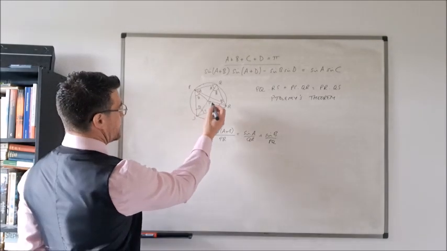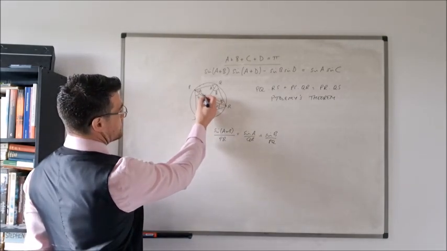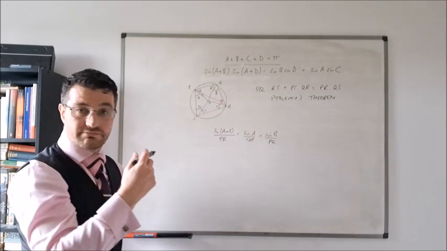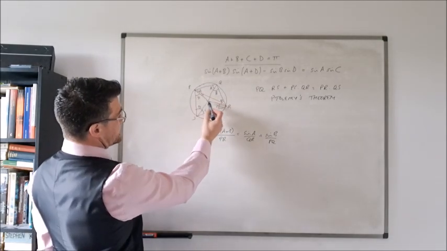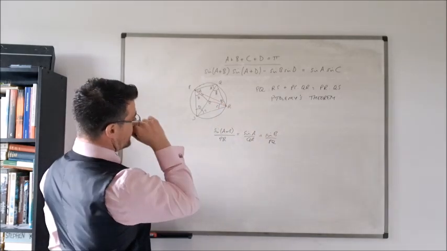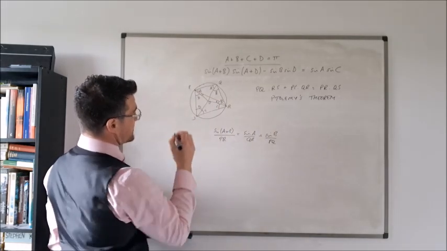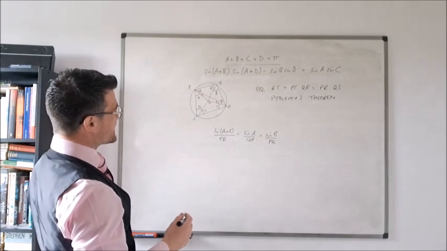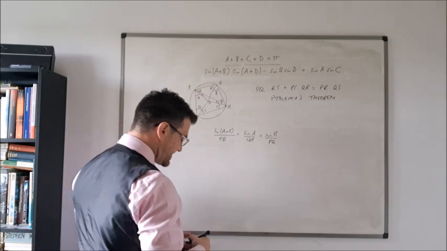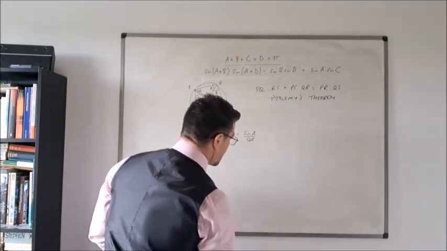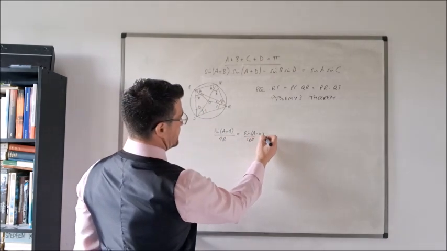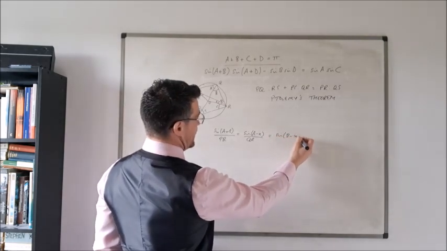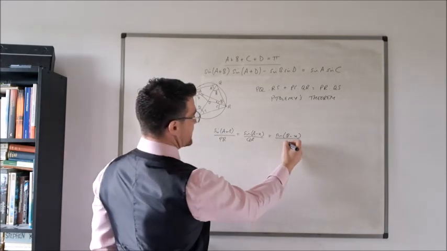So maybe I call that little bit X. And because OP and OR are radii, OPR is an isosceles triangle, and therefore that angle is also going to be X. So it's going to be more like sine of A plus B over PR is equal to sine of A minus X over QR, which is equal to sine of B minus X over PQ.